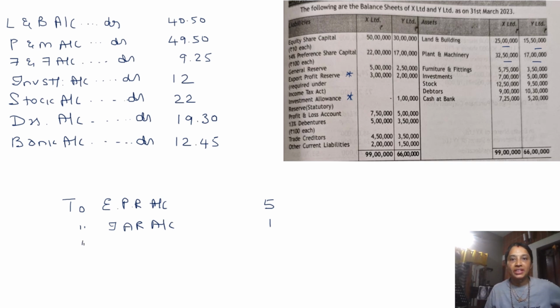Two, now we take all the outside liabilities. Before taking outside liabilities, to the extent of statutory reserve, listen, this is only in case of amalgamation in the nature of purchase.